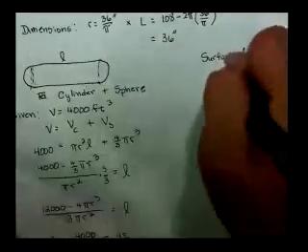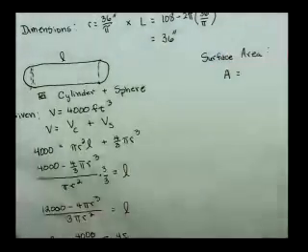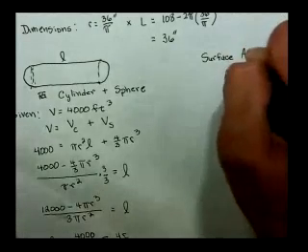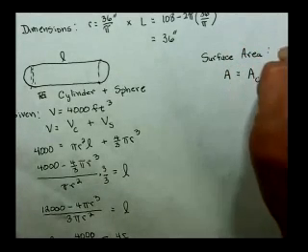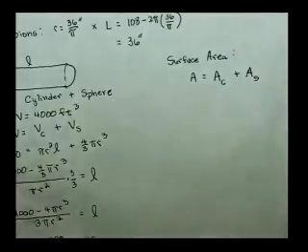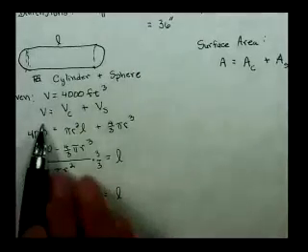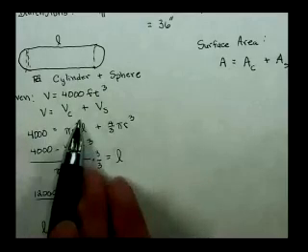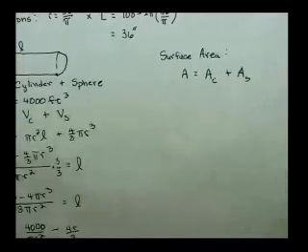So I'm going to say that total area is the area of the cylinder plus the area of the sphere, just like here, I said the volume of this tank is the volume of the cylinder plus the volume of the sphere.